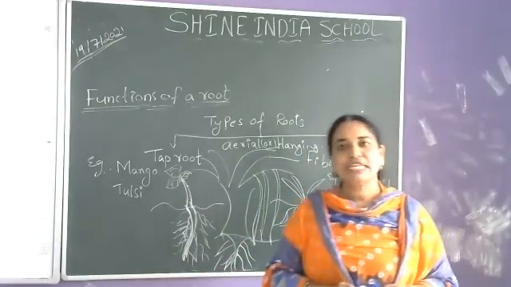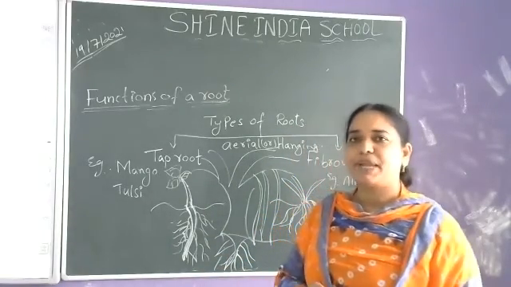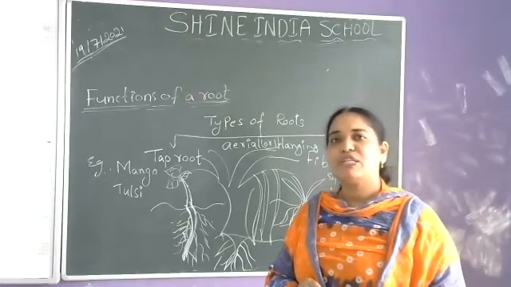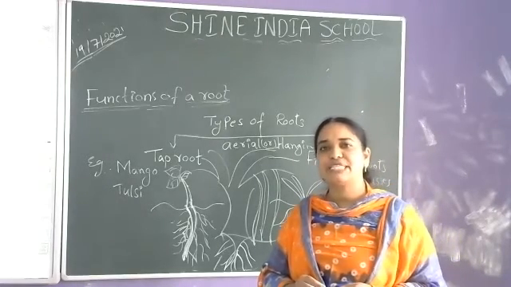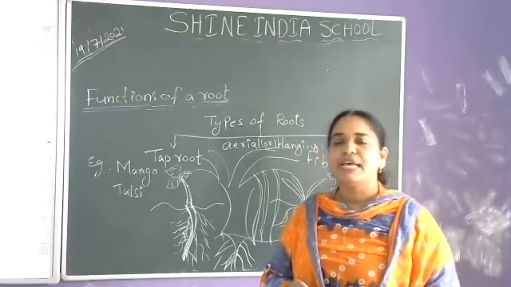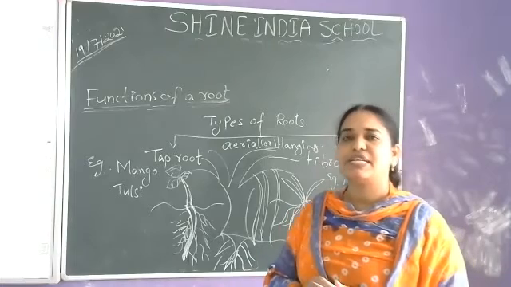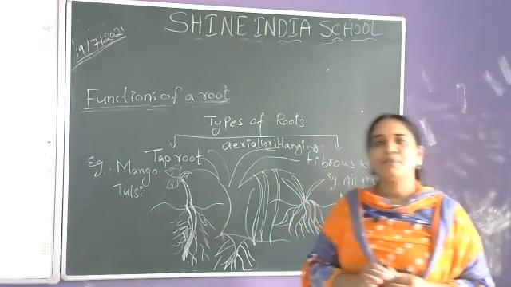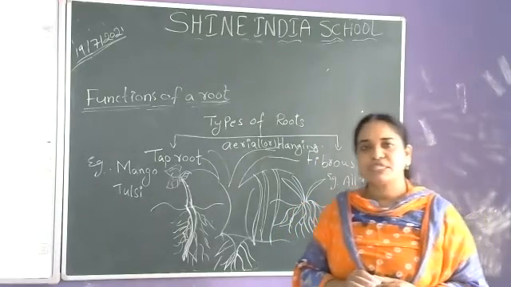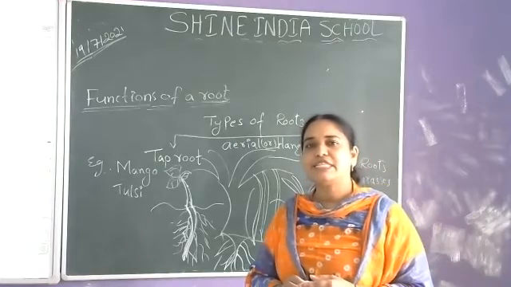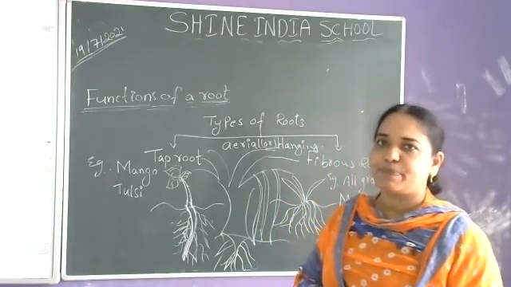And the third function: in some plants, the roots also store food, the excess food present in the plant. Some roots store food. Examples of these modified roots are radish, beetroot, carrot, and sweet potato.